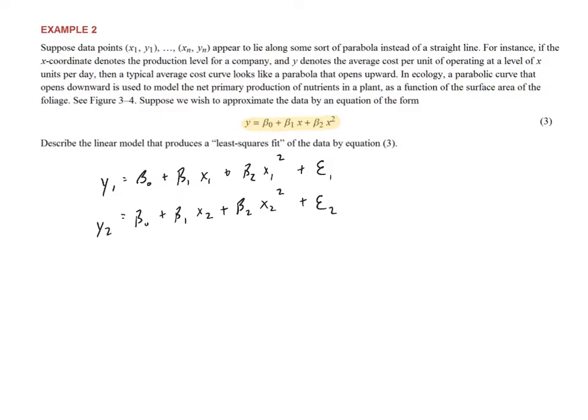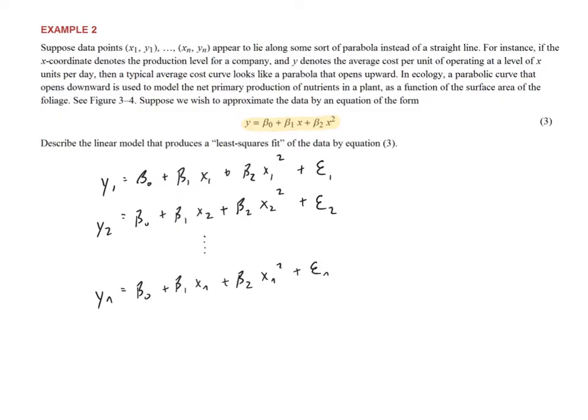That's the residual at that point. Epsilon 1 is the residual at the first point. Okay, so that would continue on for every point in my model to the last one. yn is b0 plus b1 xn plus b2 xn squared plus epsilon n.